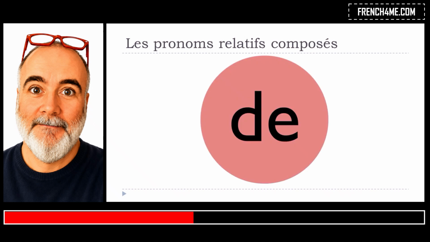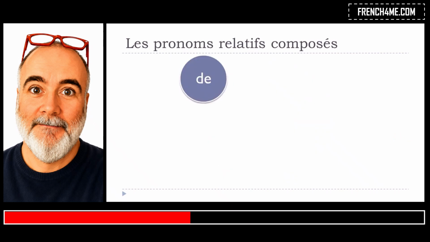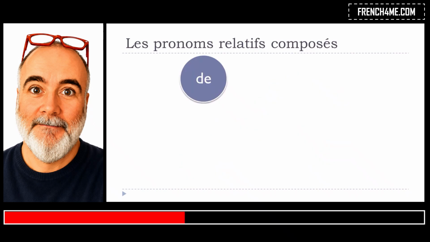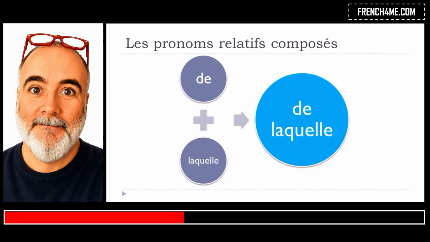Let's see now how it will go with the preposition de. As we had previously, for the masculine singular form, de plus lequel will be tricky because it will become duquel. For the feminine form, good news, as we had previously, it doesn't change, so de laquelle.